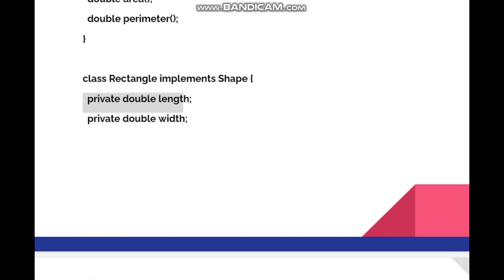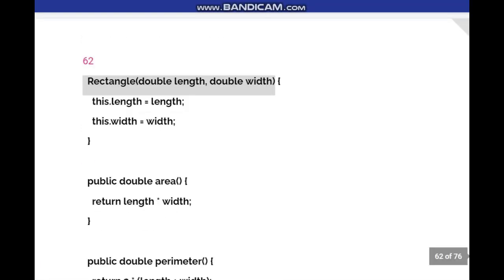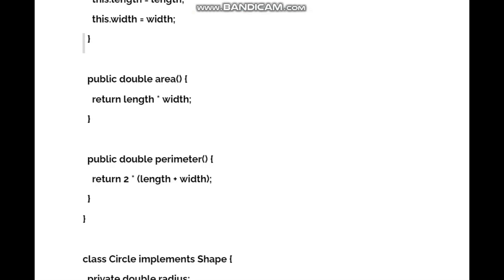Rectangle(double length, double width), this.length = length, this.width = width. public double area, return length * width. public double perimeter, return 2 * (length + width).